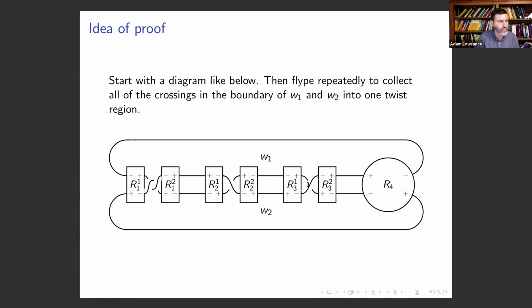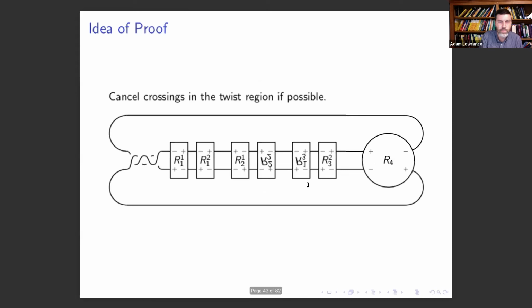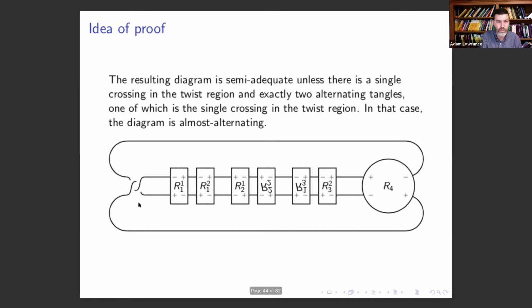This is similar to how you get the standard diagrams for Montesinos links. So you do all those flypes and collect all the crossings that go between W1 and W2 into one little twist region at the very beginning. Of course, some of those crossings go one way, some go the other way, and so you should cancel them as much as possible. If you do cancel them, you get this picture.